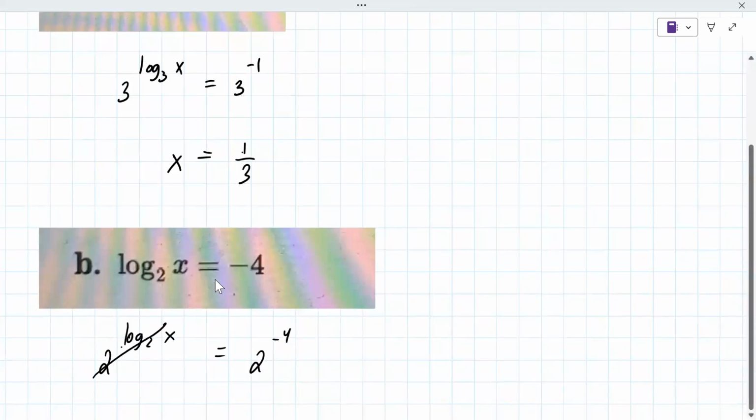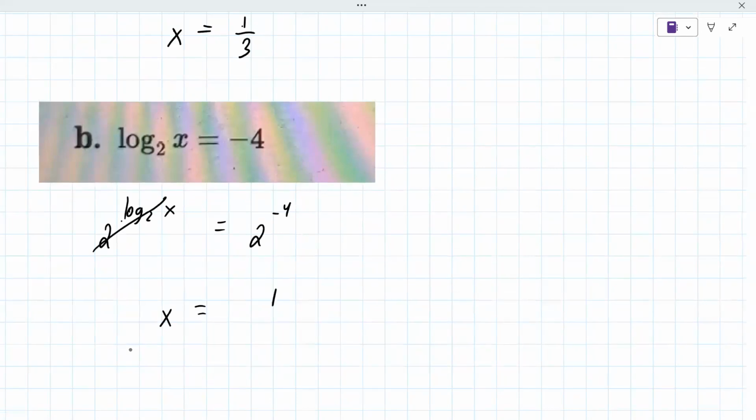These undo each other, so you just get x equals 1/2 to the 4th, like that. Is that okay? Clear? Yep. All right.